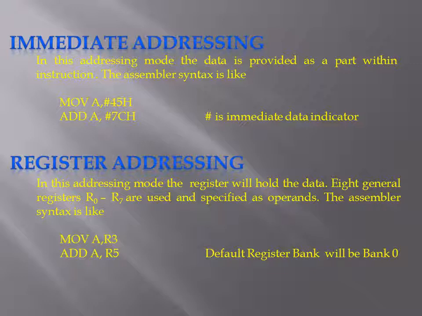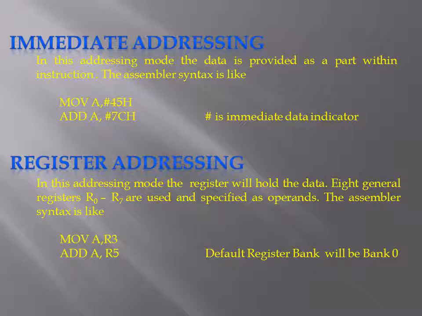Immediate addressing is a sort of addressing in which the direct data is given inside the instruction to be moved to a particular register. The hashtag is the indicator for such addressing.